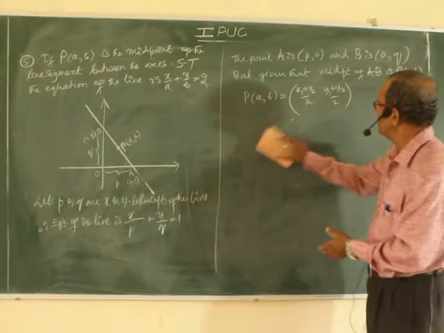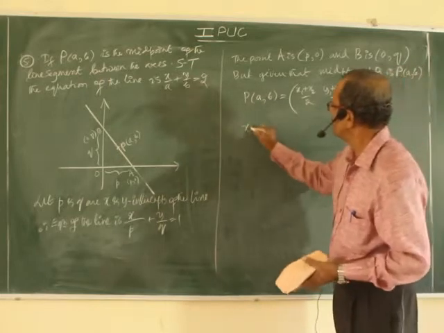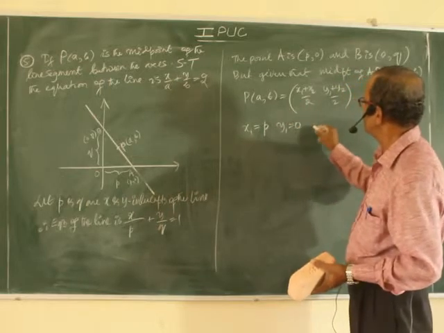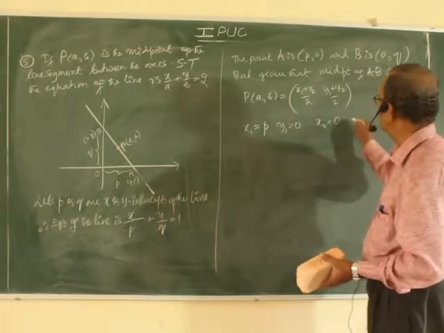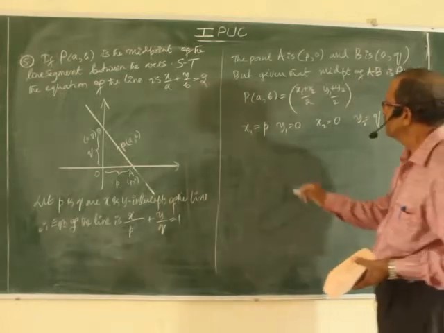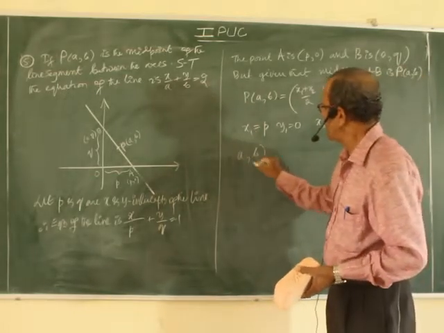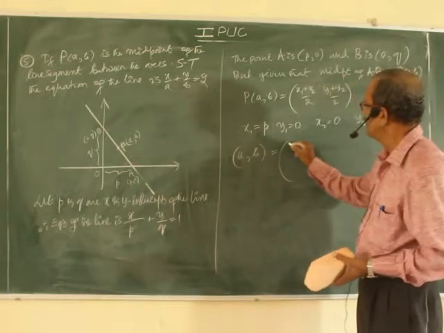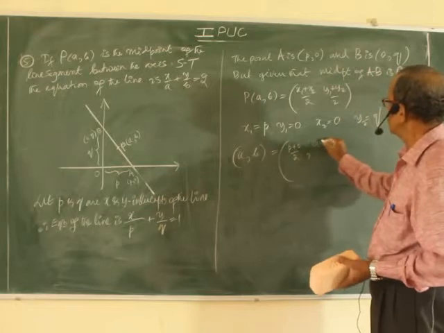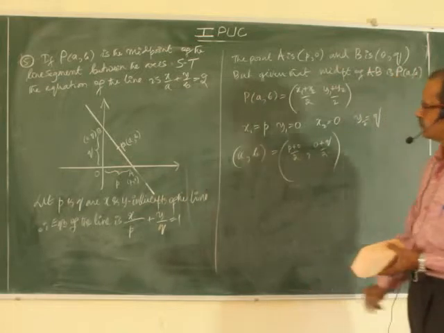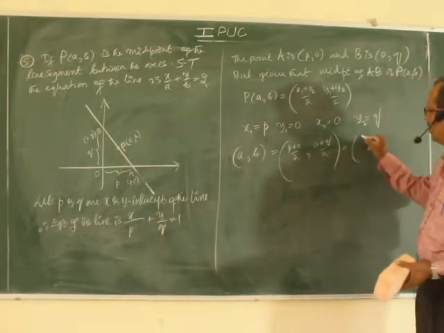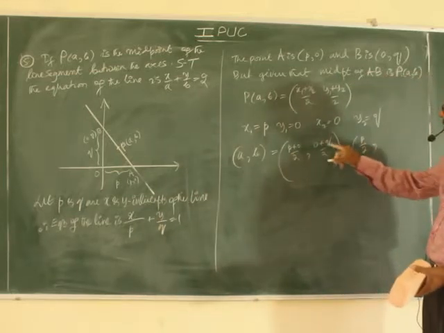If you want, let me write that one also, otherwise you get confusion here. x1 is p, y1 is 0, x2 is 0, y2 is q. So a comma b equal to p plus 0 by 2, 0 plus q by 2, or p by 2, q by 2.